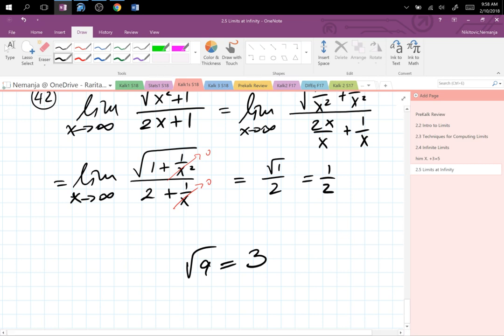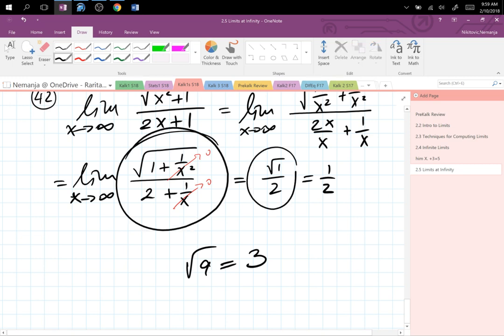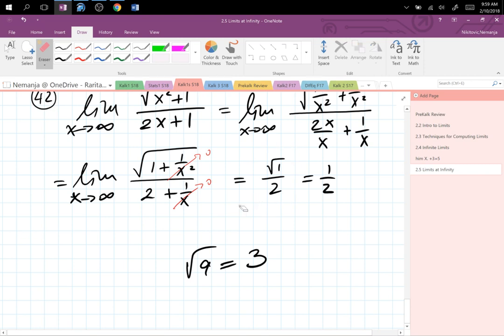You used up limit to get these guys into 0, so you don't get to write the limit again. So you can't write limit here because you used it up to change this mess into this. Fair? Just like you used square root to change 9 into 3.